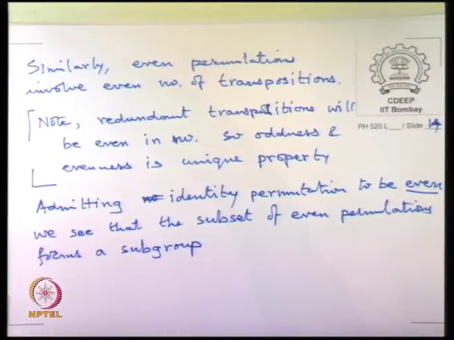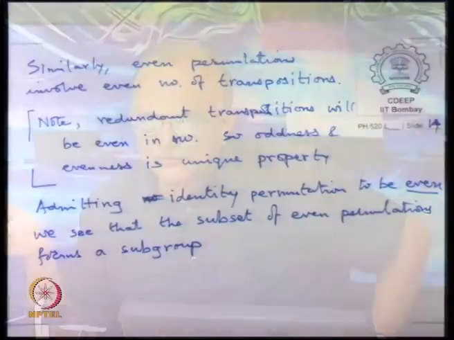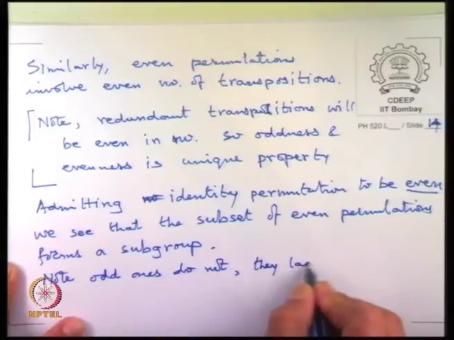Right, because the product of two even permutations is always even, that you can check because the number of transpositions involved remains even, but the product of two odd permutations becomes even because odd plus odd is an even number, and therefore the product of two odd permutations does not generate an odd permutation, but the product of two even permutations does, and we include identity in that list. So then the even permutations generate a subgroup. The odd ones do not, because they lack closure.